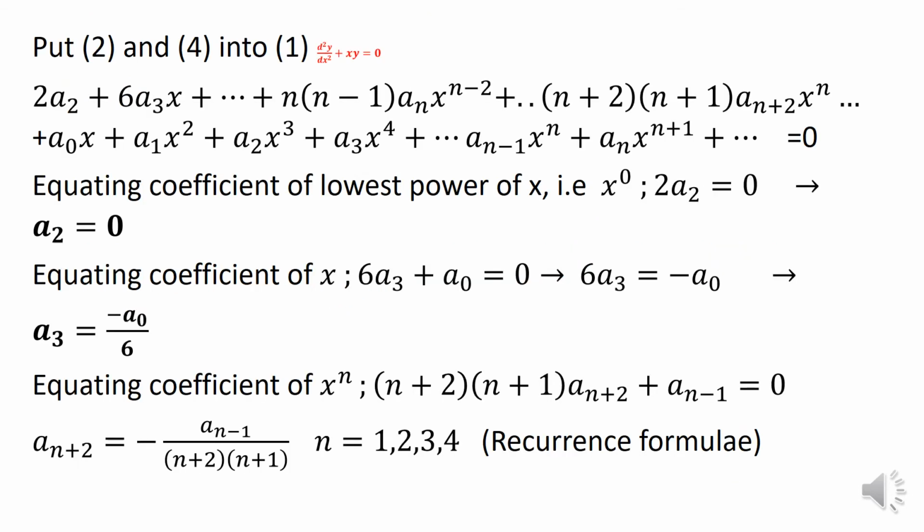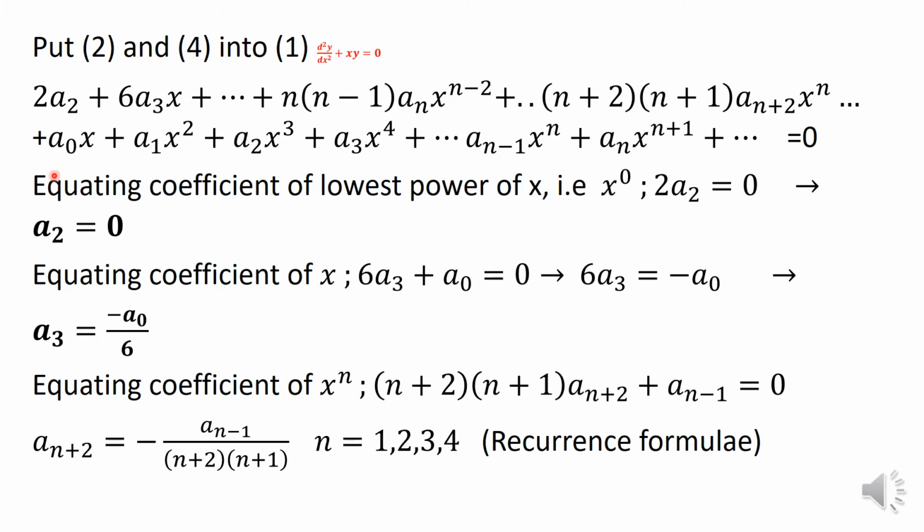Further, putting the values into d²y/dx² + xy = 0: this d²y/dx² is 2a2 + 6a3x + ... and so on. Now here x is multiplied by y, so we write y and take x inside: a0x + a1x² + a2x³ + a3x⁴ and so on.